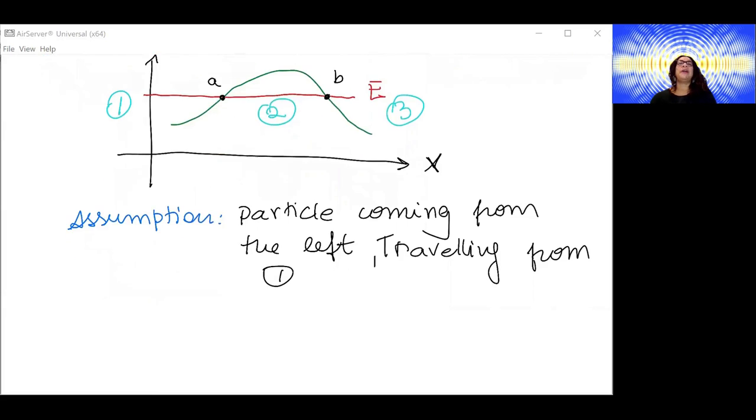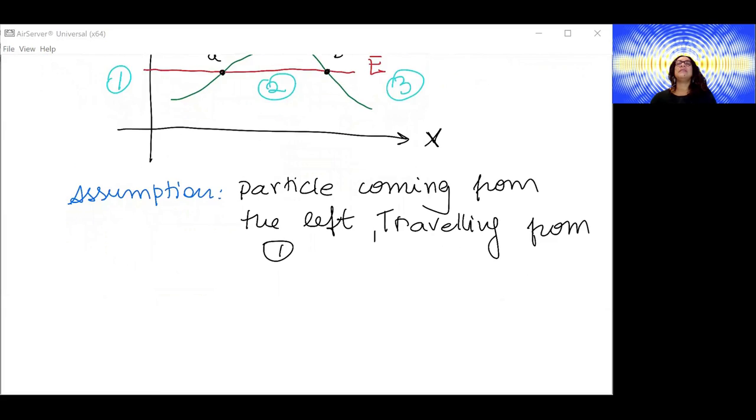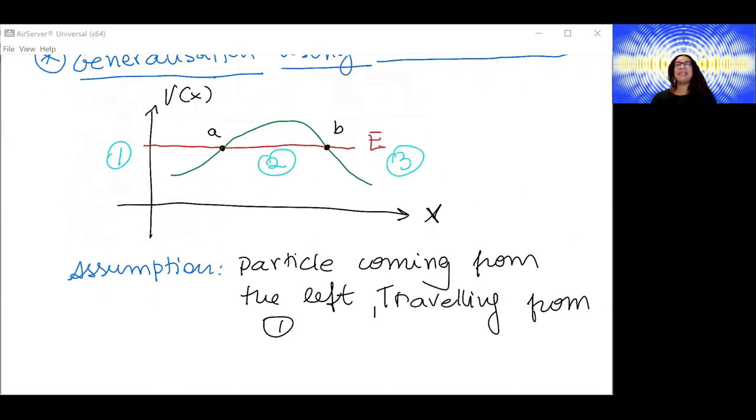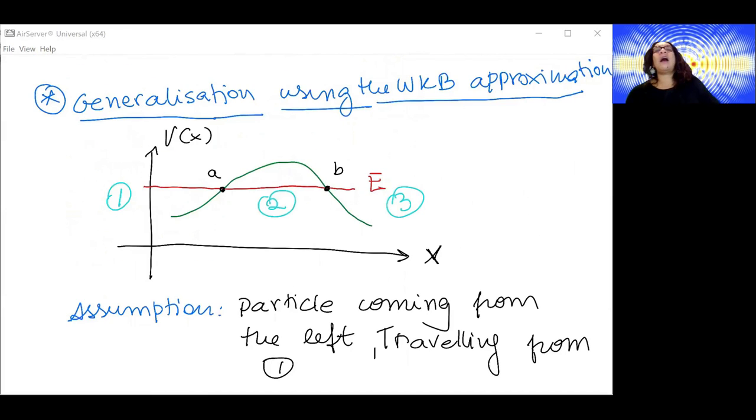So if we are considering this, let's see where is our easiest place to apply our connection formula. We have seen we have connection formulas, and they need to satisfy some conditions asymptotically. Now we have region 1, region 2, region 3.